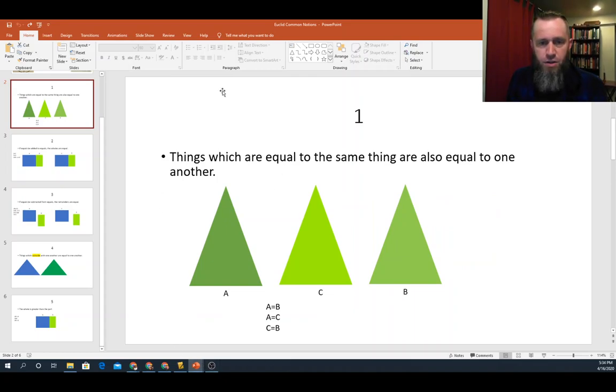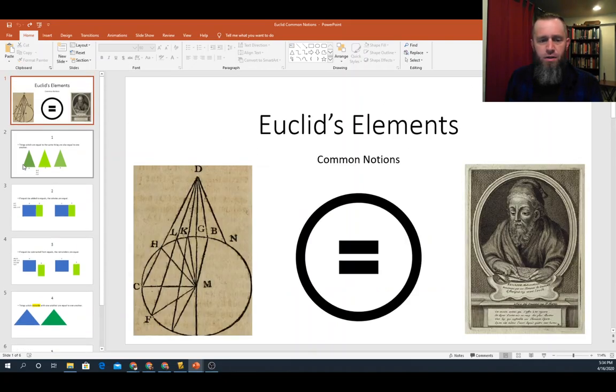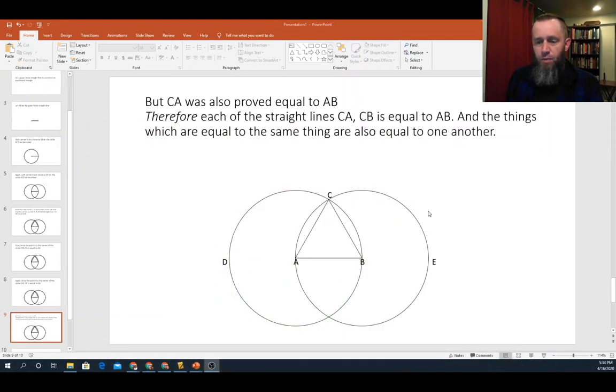Common notion number one says that things that are equal to the same thing are equal to each other, and we just proved that CA is equal to AB and CB is equal to AB. So these things are all equal to each other.